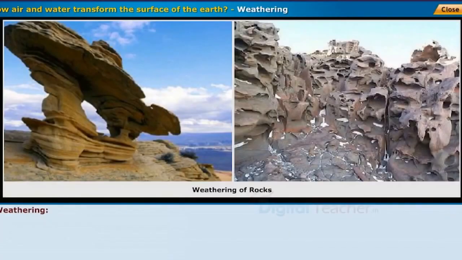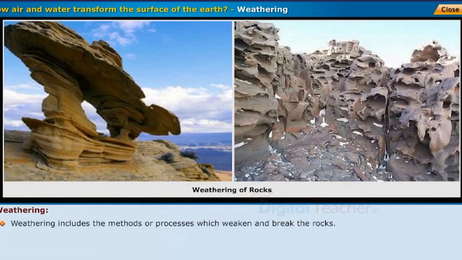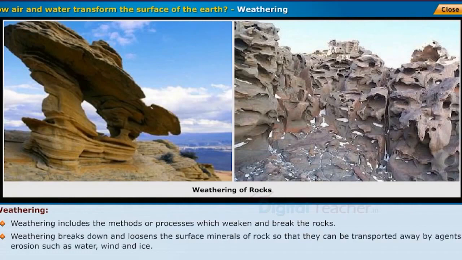Weathering. Weathering includes the methods or processes which weaken and break the rocks. Weathering breaks down and loosens the surface minerals of rock so that they can be transported away by agents of erosion such as water, wind, and ice. The atmospheric force and weather force causes breakdown of rocks.